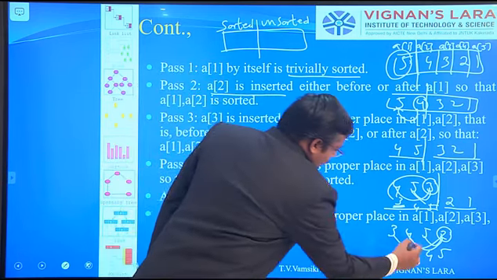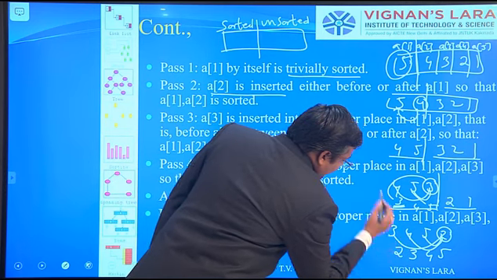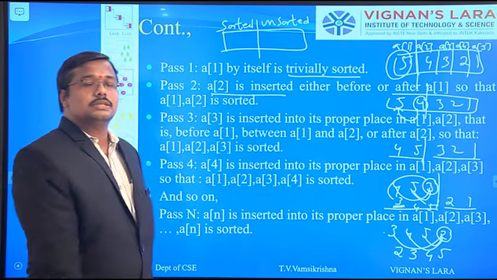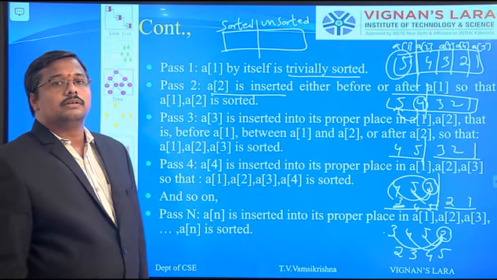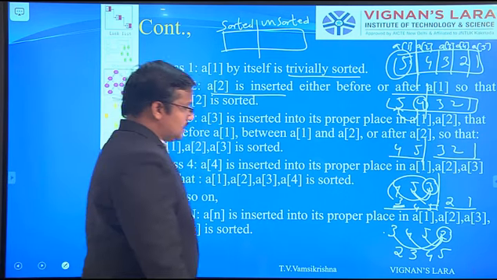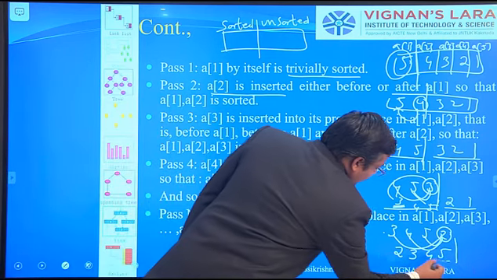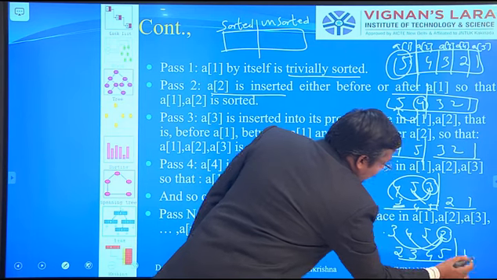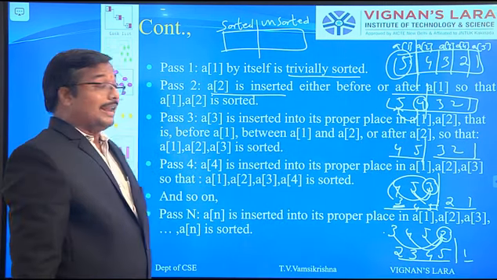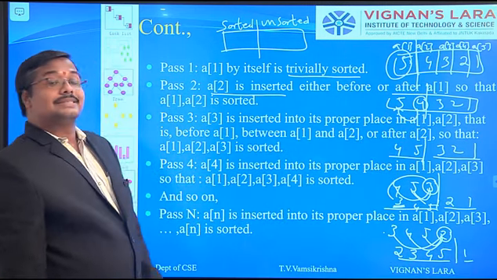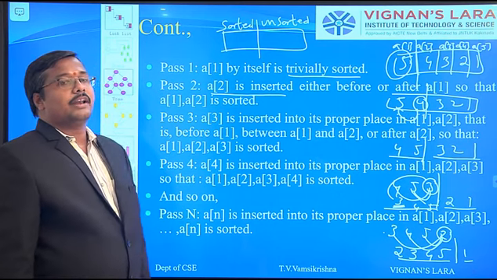There is no element left, so 2 is copied into that position. This is the sorted part and this is the unsorted part. Like that, the process goes on step by step.